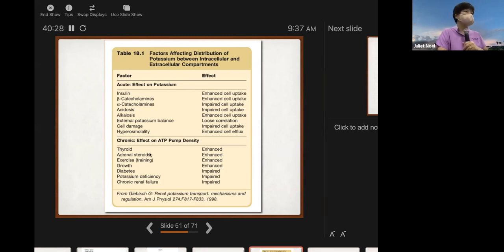So when you have chronic intake of steroids, like patients with GN that you're giving prednisone or methylprednisolone, you would see patients with hypokalemia because of the enhanced uptake into the cells. Exercise or training, then growth, diabetes, potassium, they will impair the effect of the ATP pump.